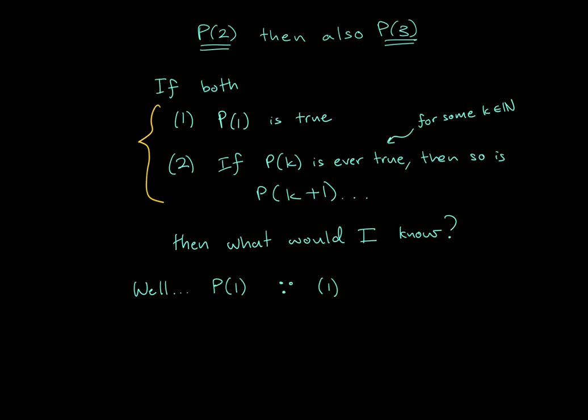Well, then I would know p of 1 is true. But wait a second, this second thing says if p of any number is ever true, then so is the next one. Okay, so what that means is that would imply p of 2 is true.